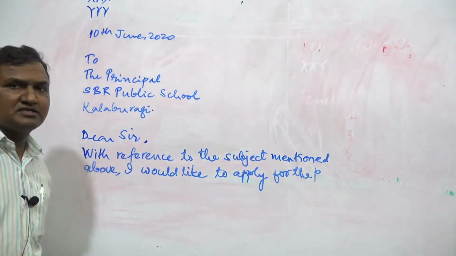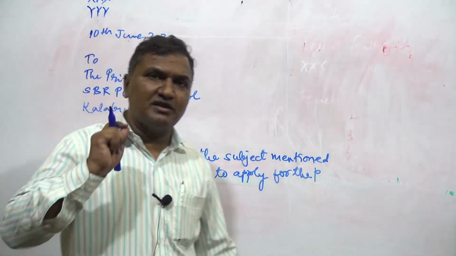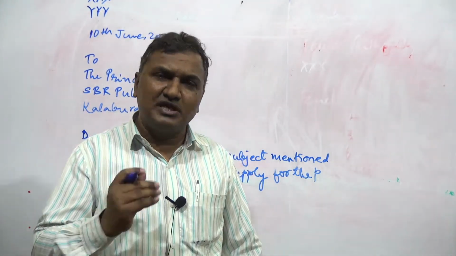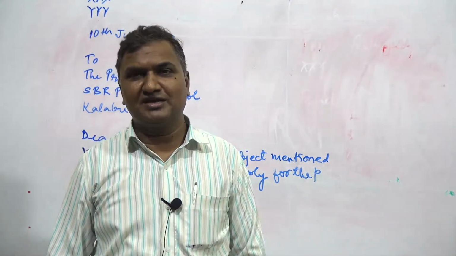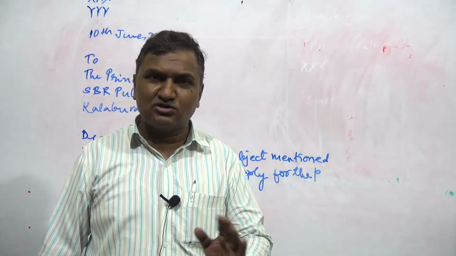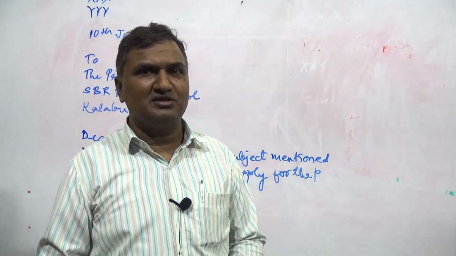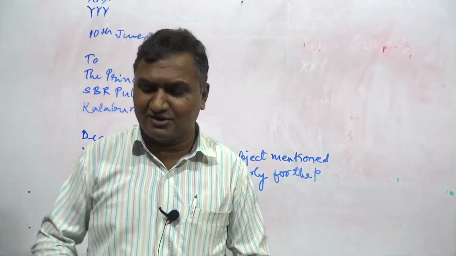I have started like this because in many cases, even in our workbook, it is mentioned that we can skip the subject line as well as the reference line. That is also possible. But if you are scared about what the examiner might think, we can include that also.